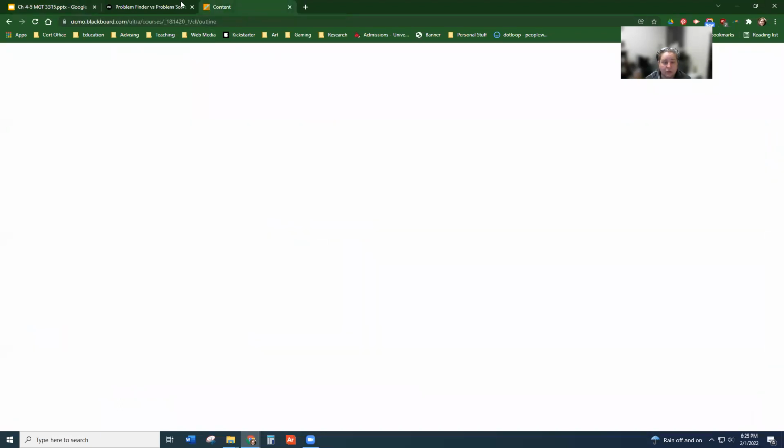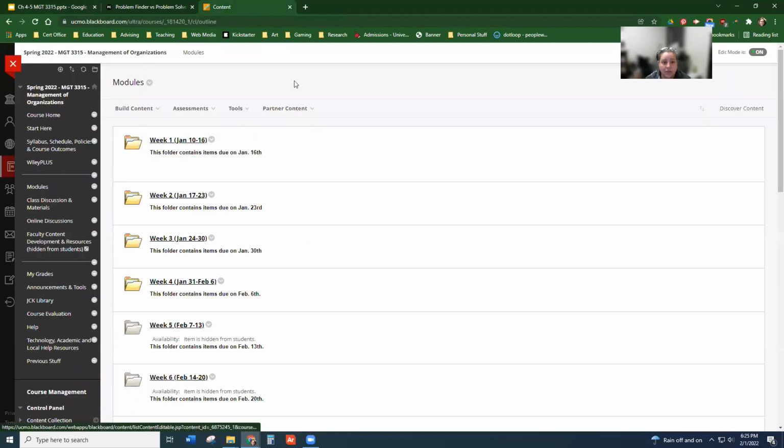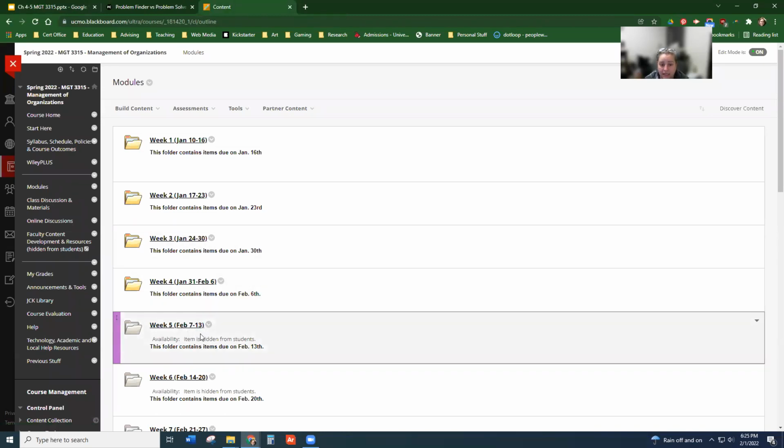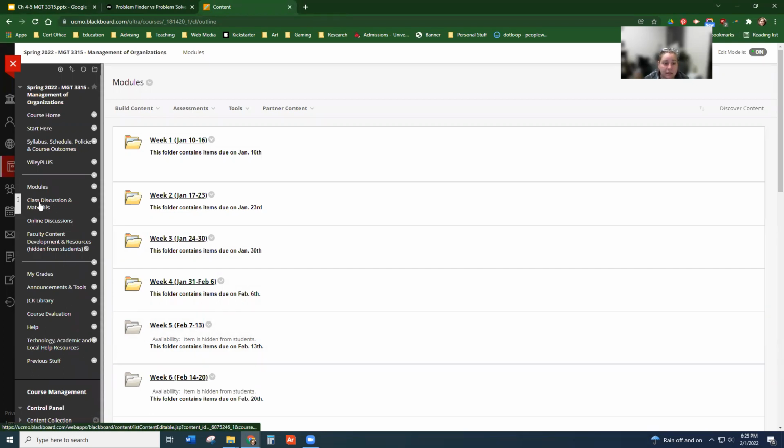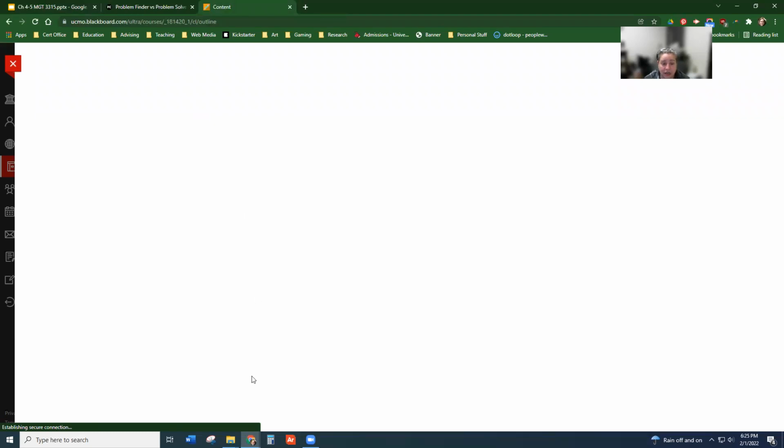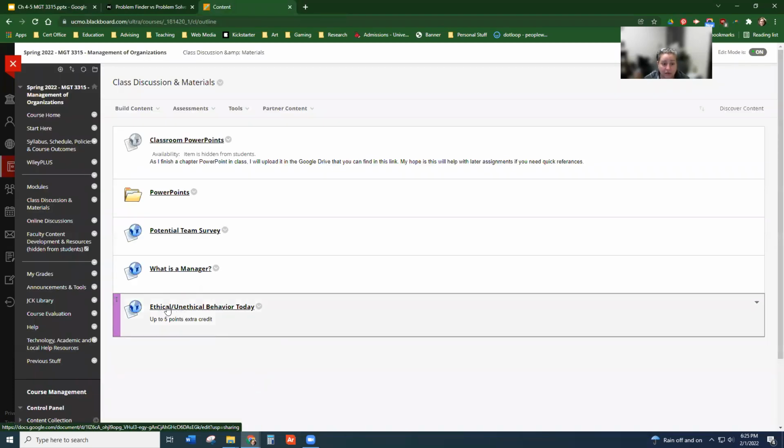Just real quick, if we go over to Blackboard, I have not gotten week 5 up yet. It's pretty close to being ready. If you are still wanting to submit the extra credit from last week with your team, you can still do that. Go under the section that says class decision and materials, and the very bottom one says ethical, unethical behavior today, examples from today.